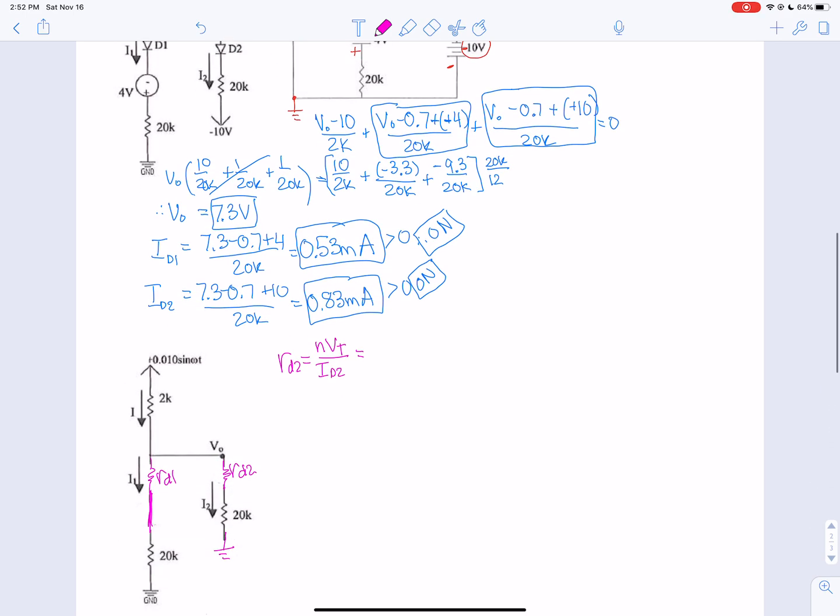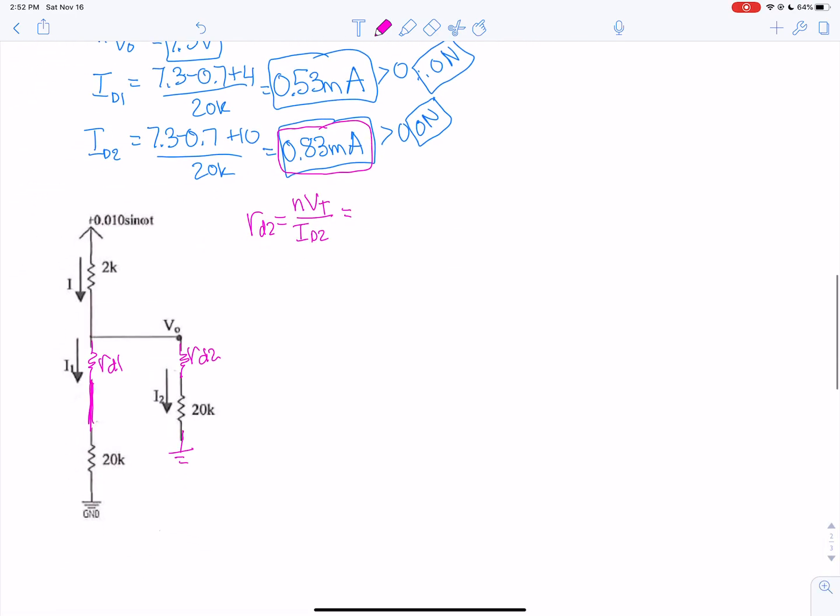Our ID2 is this 0.83 milli. We plug those values in. Remember, milli is 10 to the minus 3. That gives us 60 ohms for RD2. RD1 is going to be 2 times the 25 milli over ID1, which is the 0.53 milli, and that gives a value of about 94 ohms.